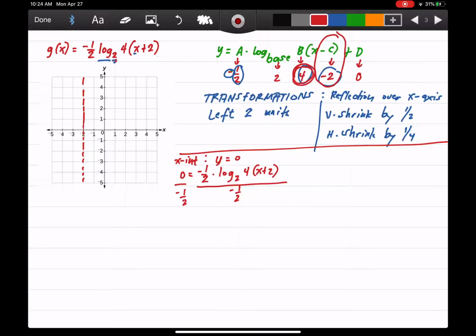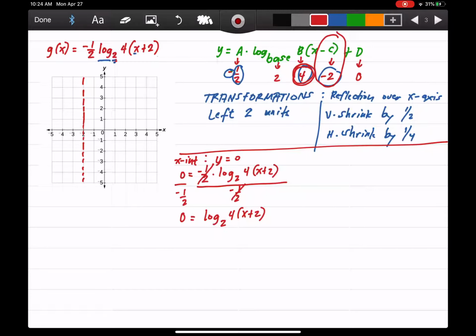Divide by negative 1/2. So we can remove this because that's equal to 1, right? And 0 over negative 1/2 is still 0, right? So 0 equals the logarithm of 4 times x plus 2 with base 2.